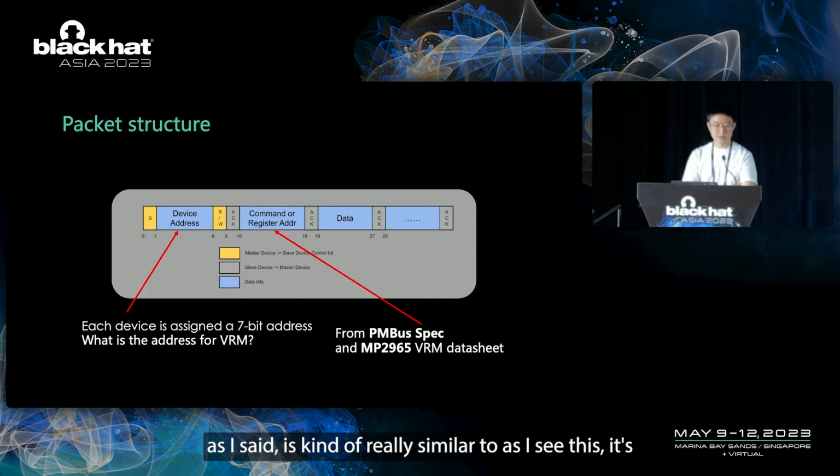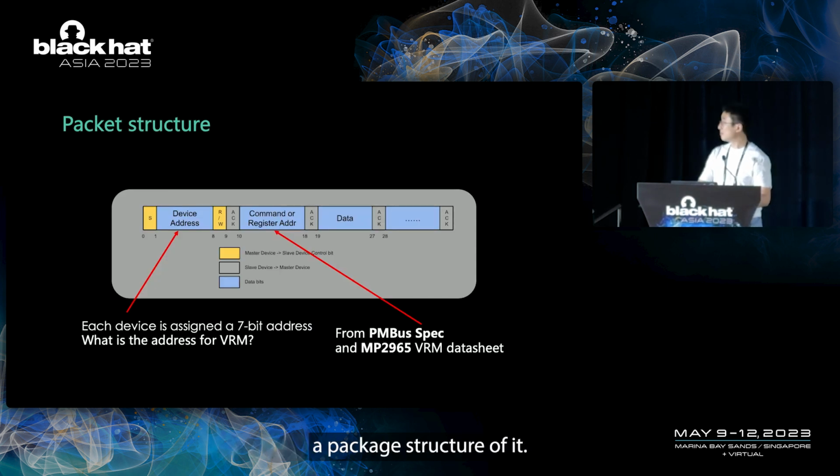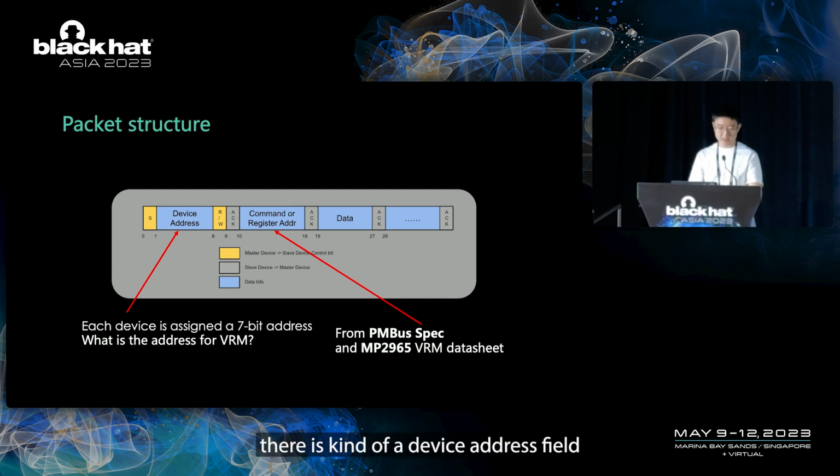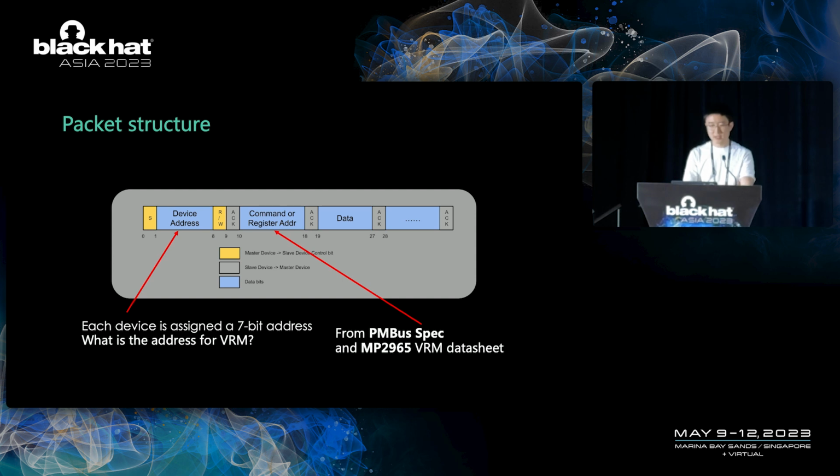As I said, it's really similar to I2C. This is the packet structure of it. As you can see, there is a device address field, a command or register address, and another field for the data.